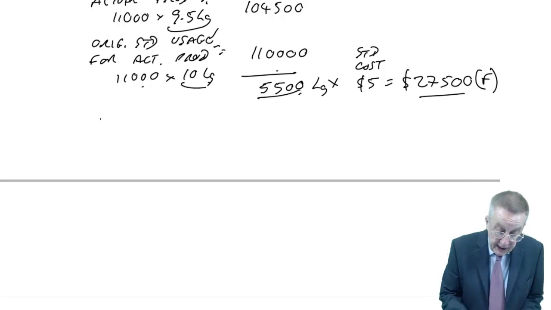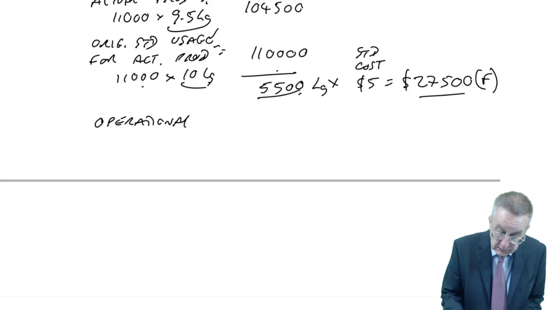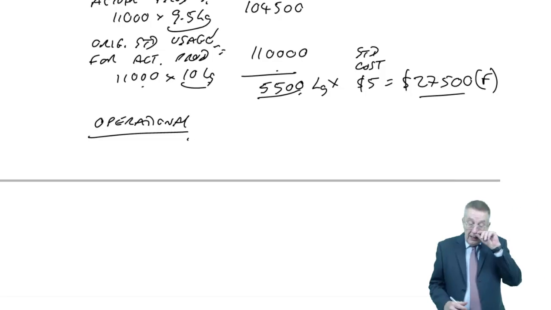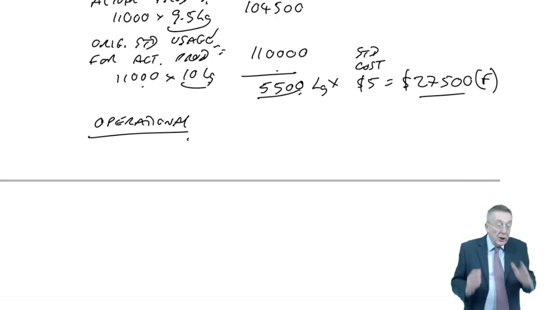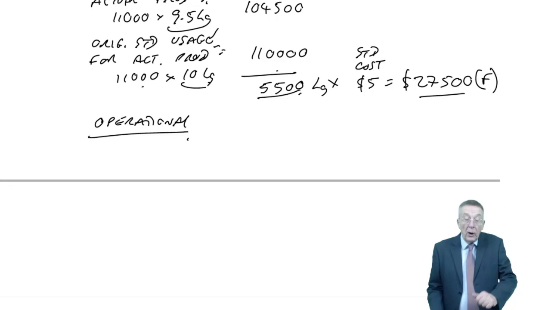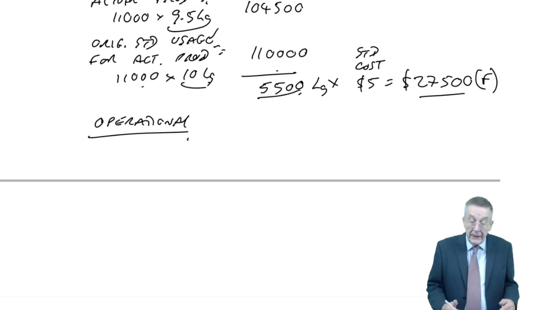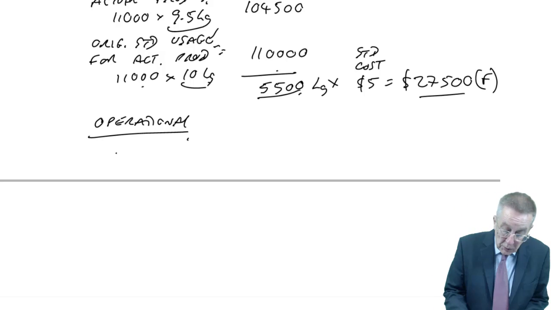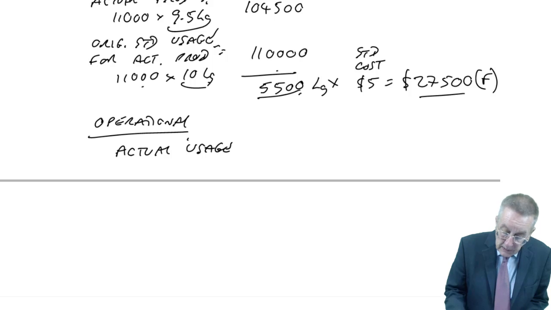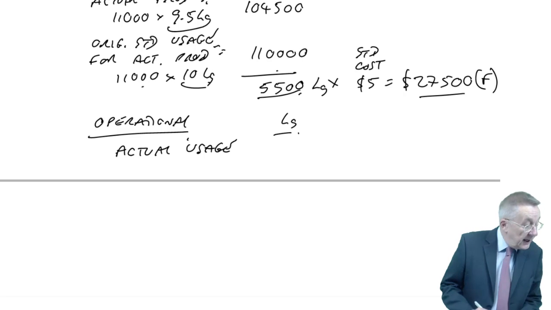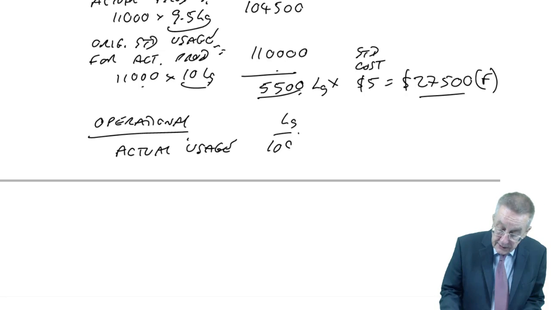Finally, what about the operational variance? We're saying now the manager should be using 9.5 kilos. Let's check, did he actually use more or actually use less? So same basic rule, compare the actual usage, which in kilos is 108,900.